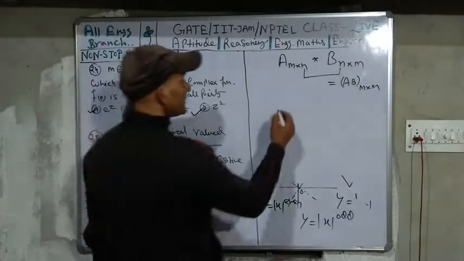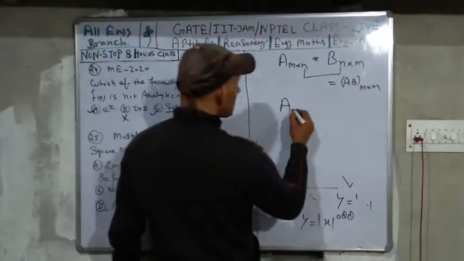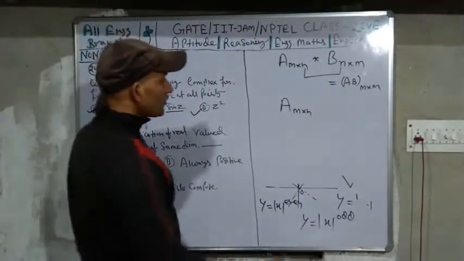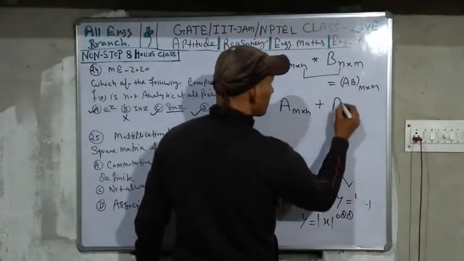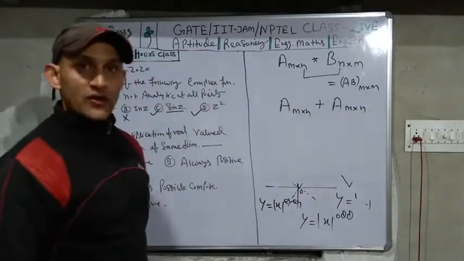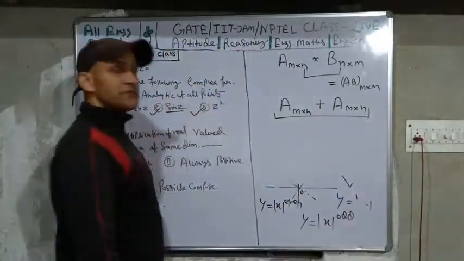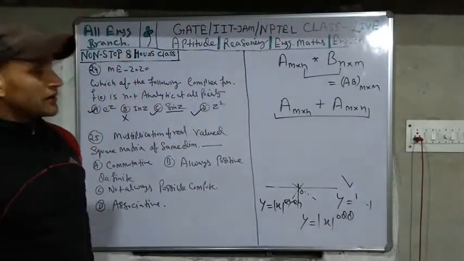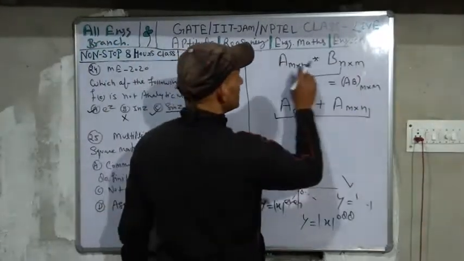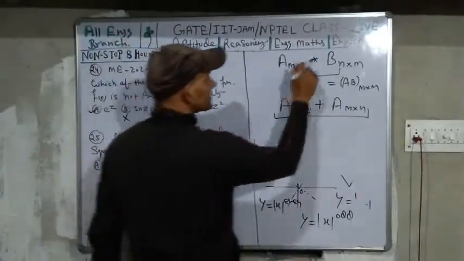And how to add? If you have two matrices, one is m into n, meaning m rows and n columns, then the other matrix must also be m into n, meaning the same number of rows and columns. But for multiplication it must be just like a mirror.